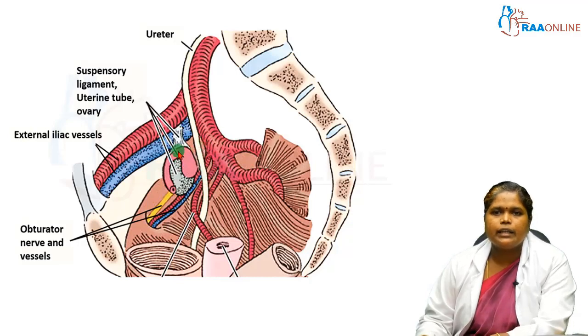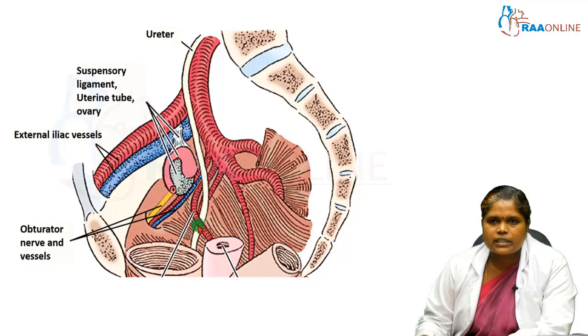So anteriorly you can see a white colored structure which is running down. So this is the ureter. So anteriorly lies the pelvic part of ureter, and in female we have the ovary and fimbriated end of uterine tube. So this internal iliac artery, if you see, forms posterior boundary for ovarian fossa.